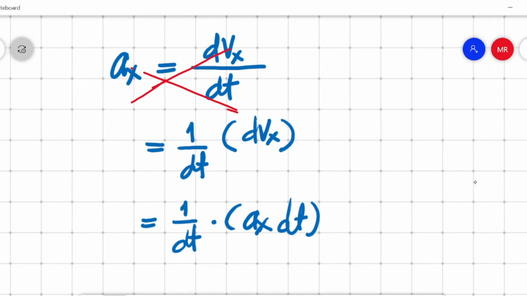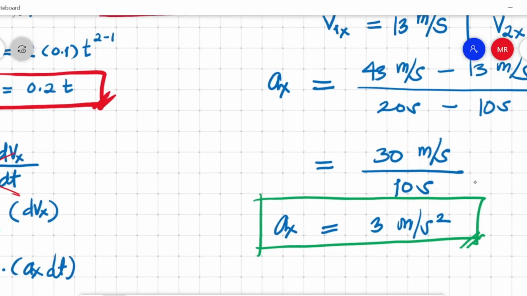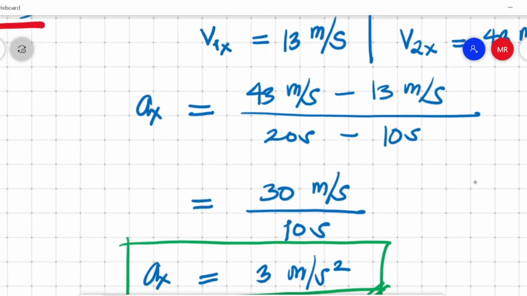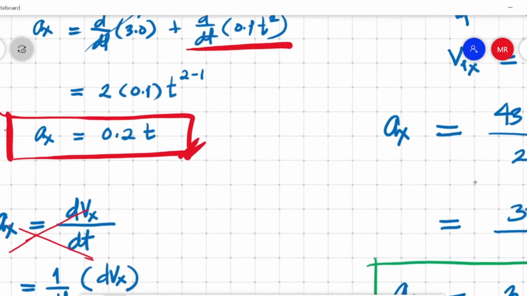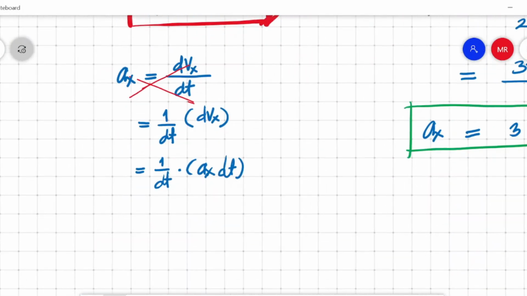your change in velocity, wherein your change in velocity is needed to get your average acceleration, because again average acceleration is change in velocity. So this is also change in velocity, because again your dvx is equal to ax dt.